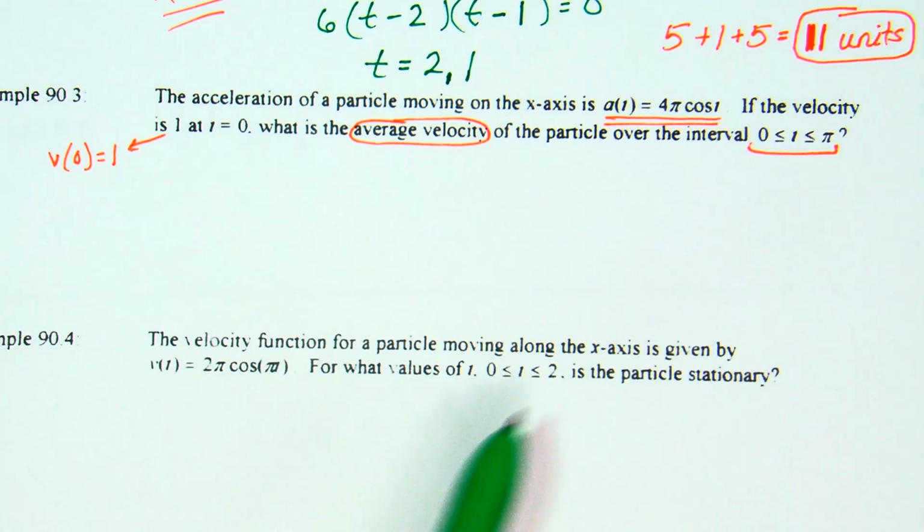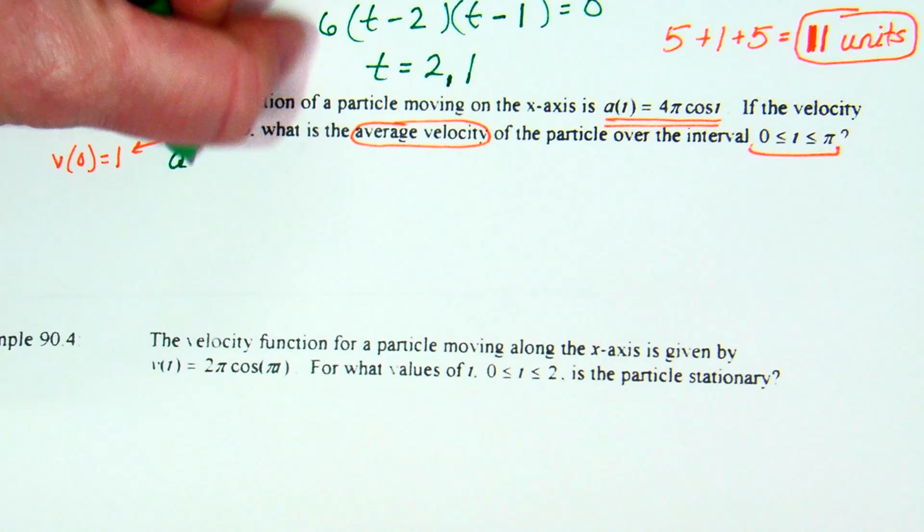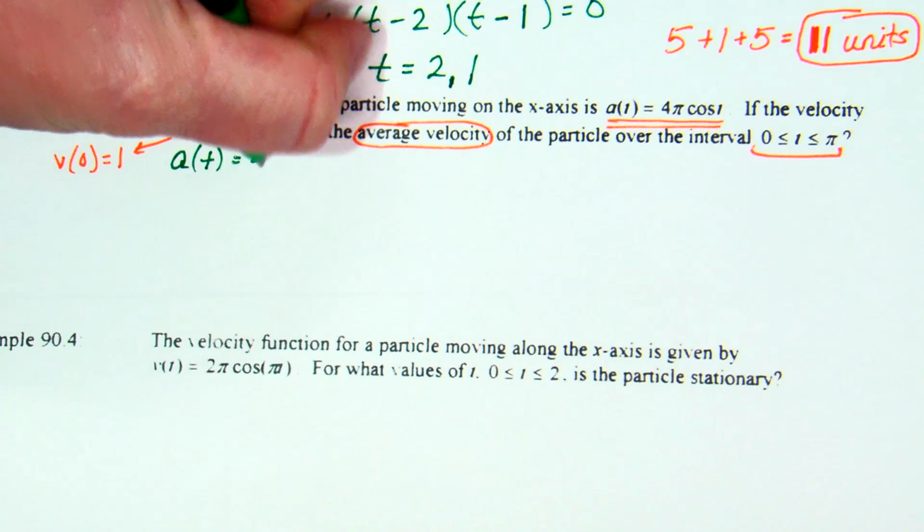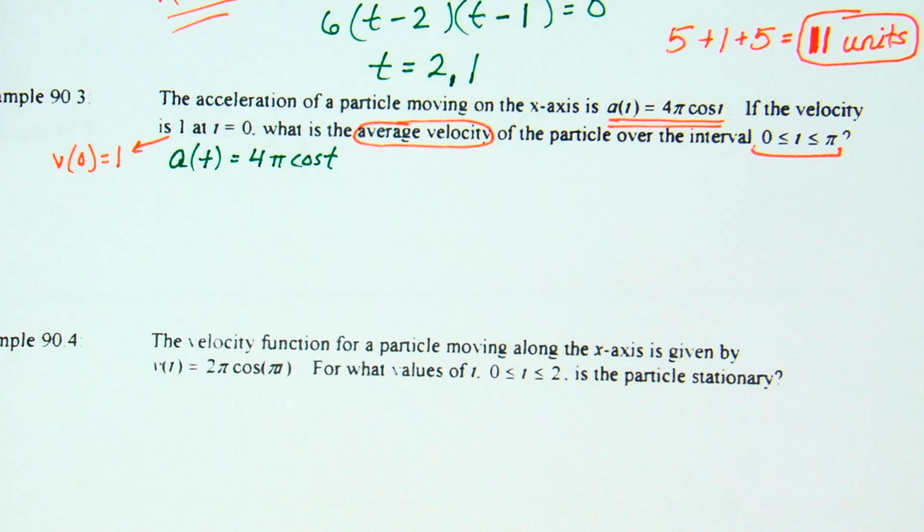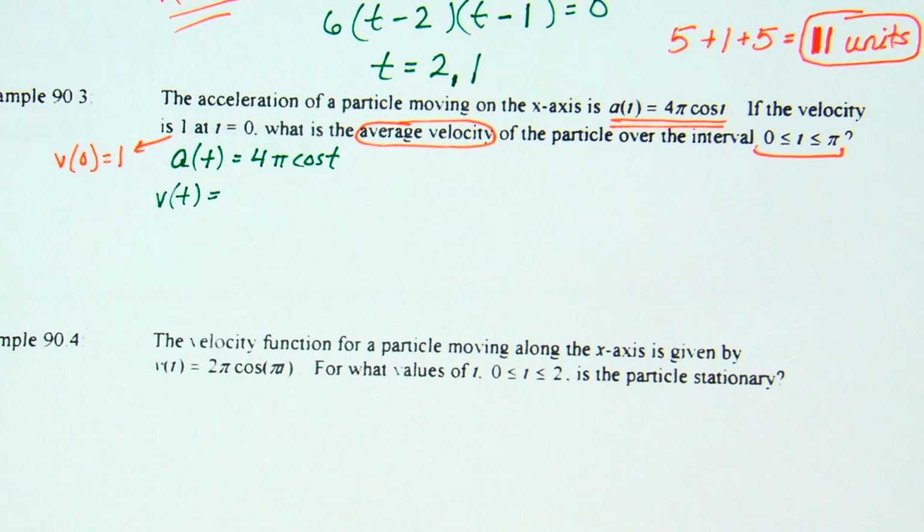Okay, so they gave us an acceleration formula, yes? But they're asking us questions about velocity. So what are we going to have to start by doing? Integrate acceleration. Yeah, in order to find velocity, velocity is the integral of acceleration.